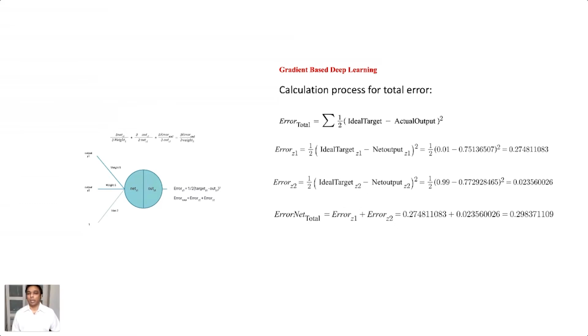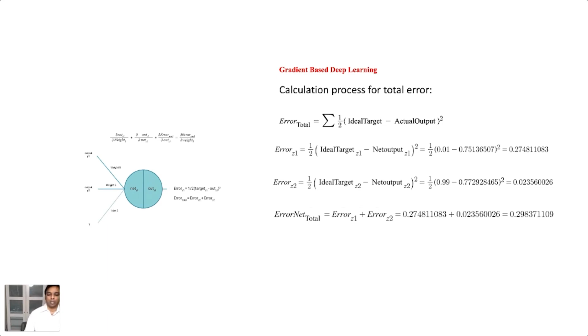And the total error is basically however many neurons you have. In this case you have Z1 and Z2, but you could have a whole lot of neurons, from Z1 onwards to Z99, for example. So how you implement it is you simply accumulate all these neurons' errors computed individually, and you sum it up, and that will give you the total error in the neural network.